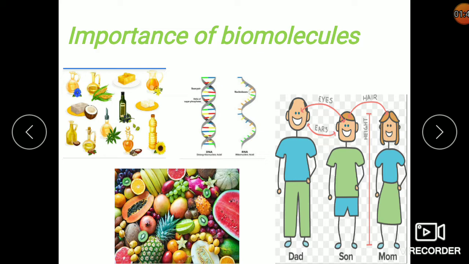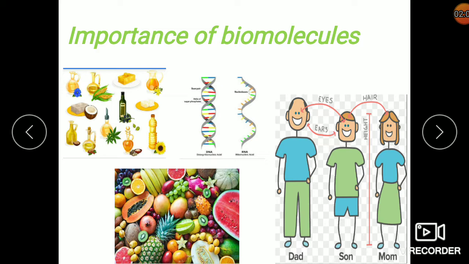Next, one important phenomenon, perhaps all of you have observed: when you see a kid, the kid inherits different characteristics from both parents. Now, how does heredity come, or how does he or she inherit the characters from their parents?